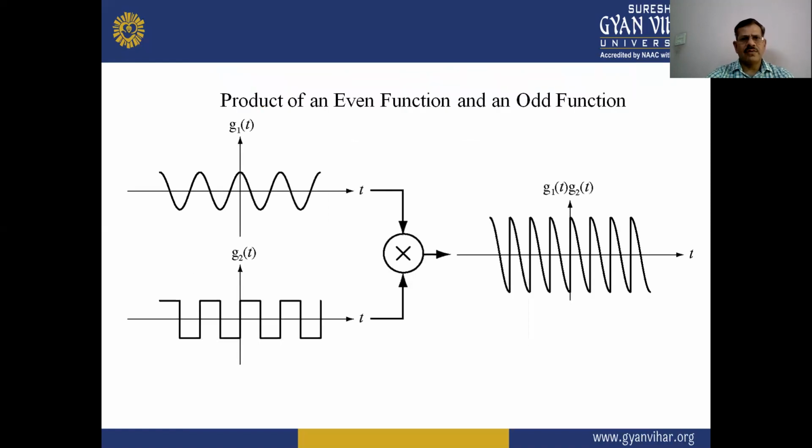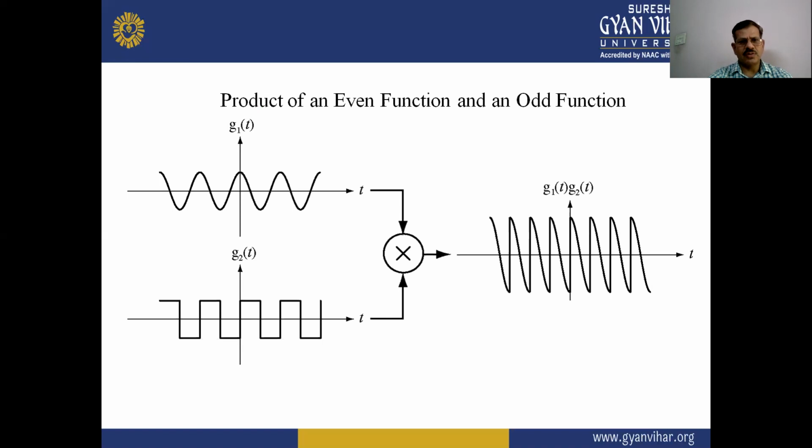Next, product of an even function and an odd function. So here is also g1(t) function and g2(t) function. Here the g1 function is purely sinusoidal and g2 is a square pulse or square function or pulse train.